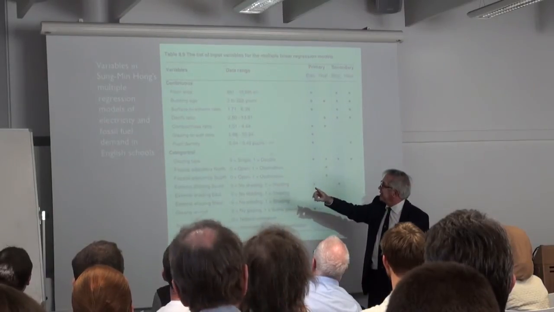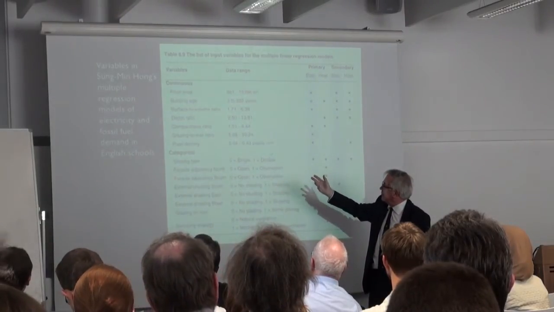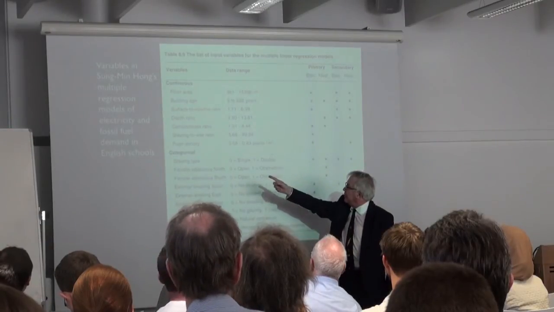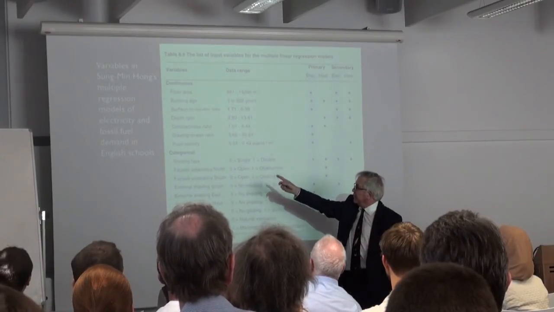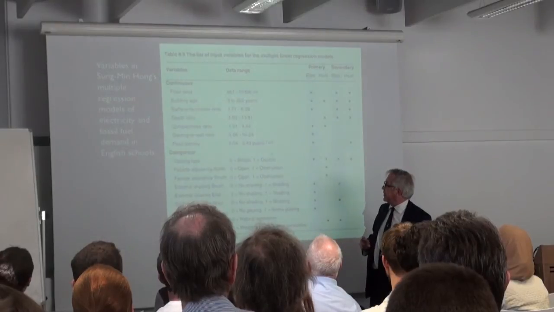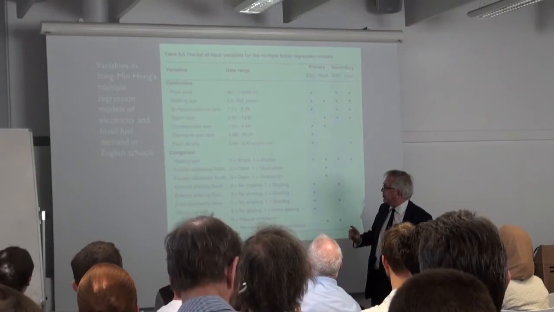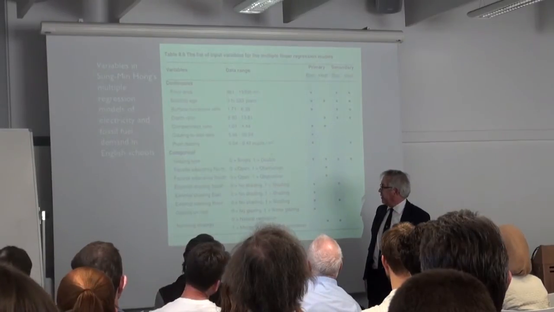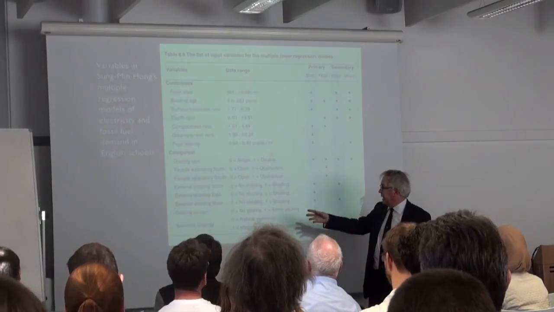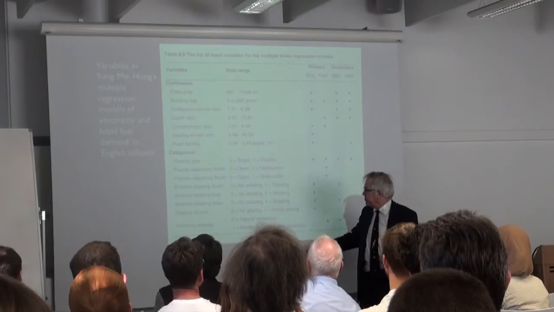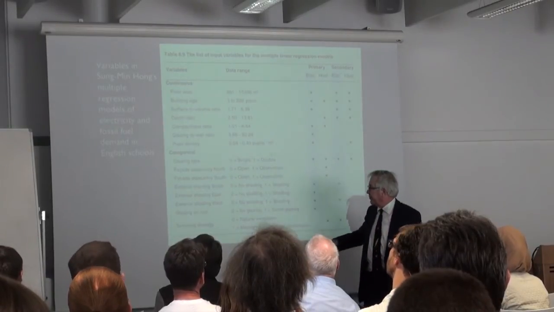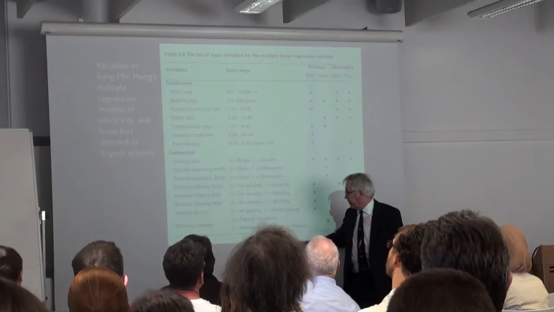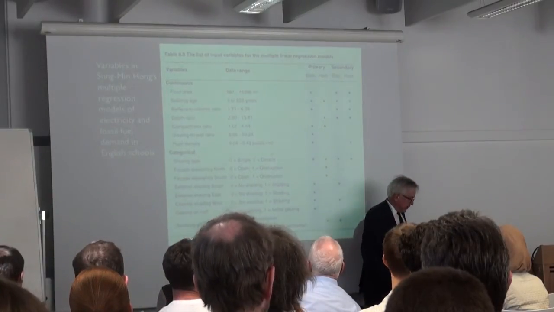binary variables, yes or no. So glazing type single or double, whether the facades are obstructed or not, north or south, whether there is external shading on these three facade directions, and roof lights, and whether the buildings are naturally ventilated or mechanically assisted ventilated.